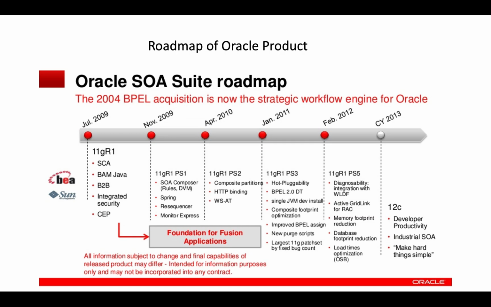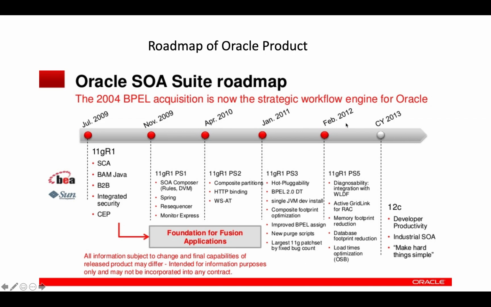In April 2010, they started to use the composite partition. Then in January 2011, they started to use BPEL 2.0, single JVM dev install, and other improvements in BPEL.